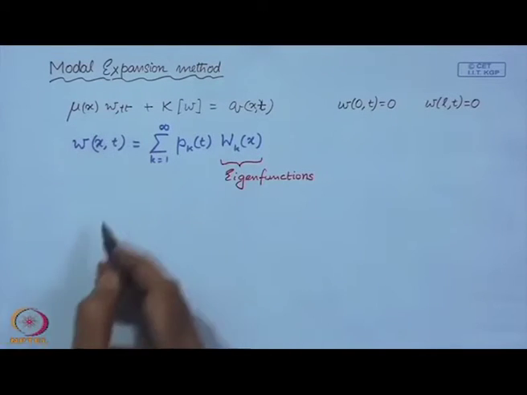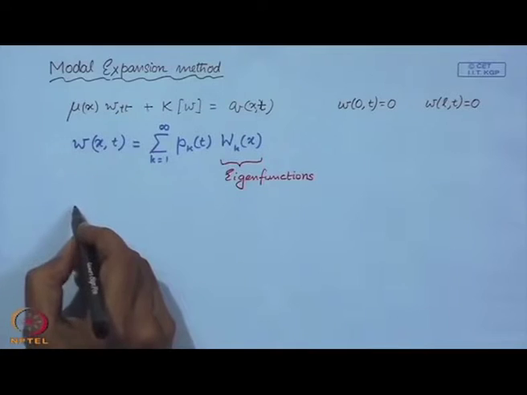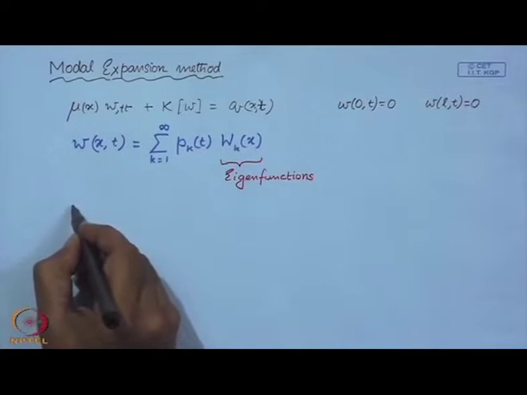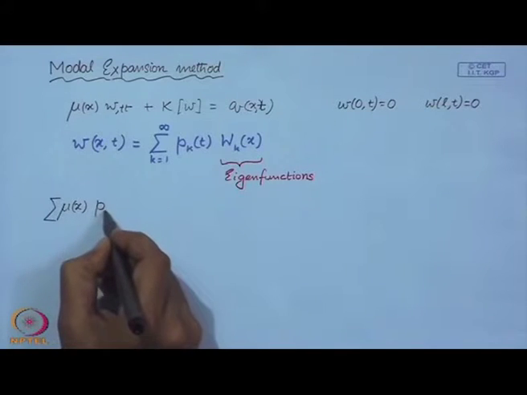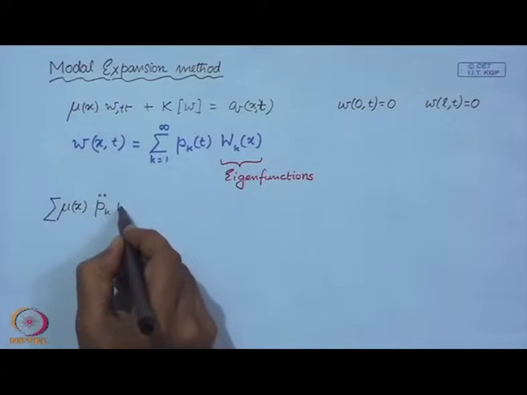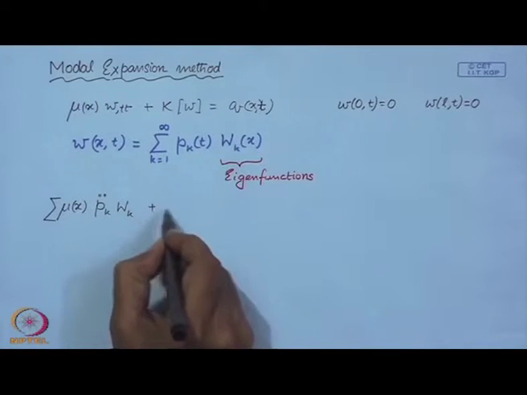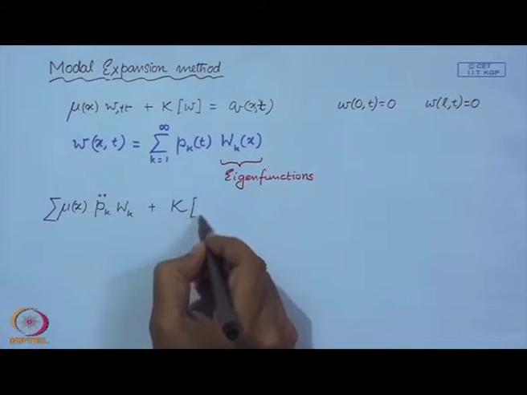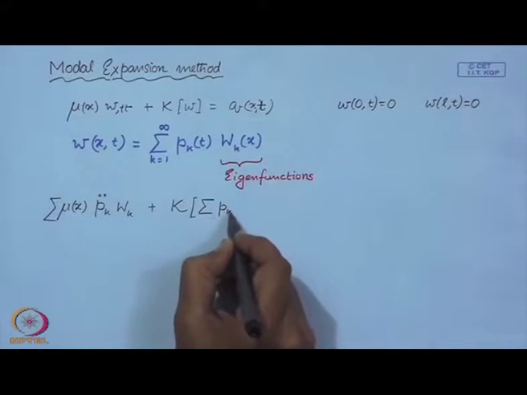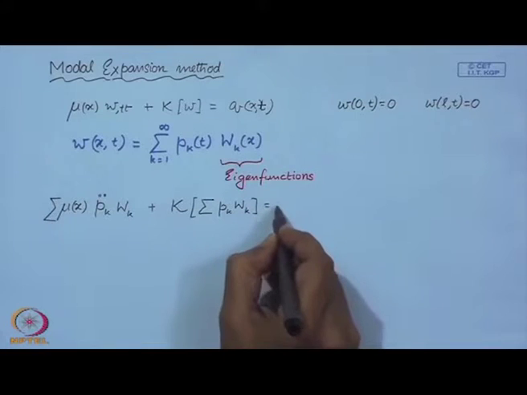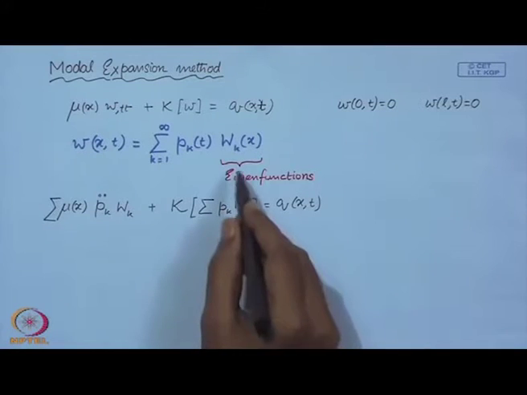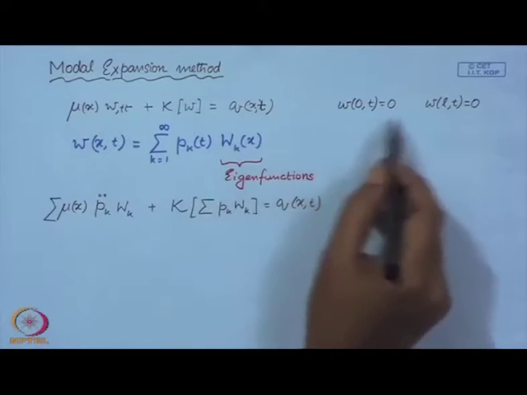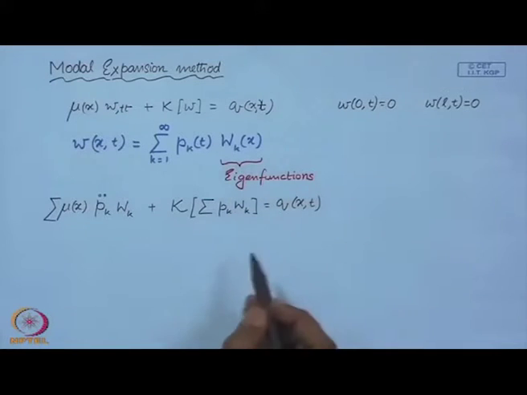Now, when we substitute this in the equation of motion, these eigenfunctions already satisfy the boundary conditions, so we need not worry about the boundary conditions.